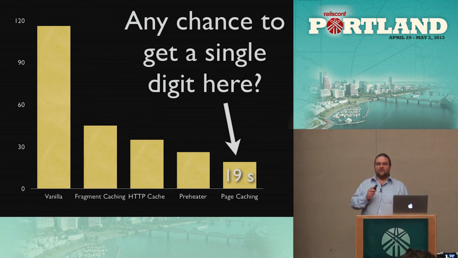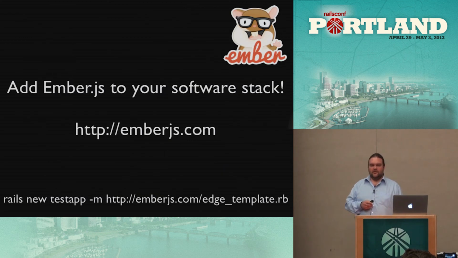Do we have any chance to get a single digit here? And yes, we have. But we have to think a little bit out of the box. You all saw today's keynote from Yehuda.